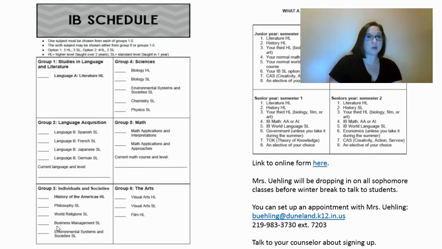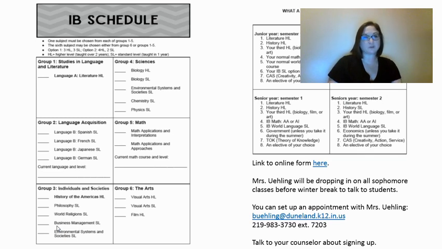And you can actually go over to the Group 4 section, and you'll see that environmental systems and societies is in that category as well. And that's because environmental systems and societies, or ESS, could count as a science course or as an individuals and societies course. And then in Group 5, we have math applications and interpretations, and math applications and approaches.